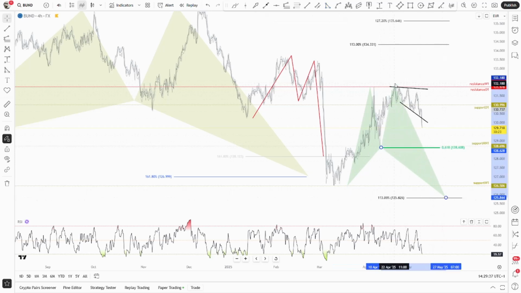We saw the price respecting the previous highs and monthly and weekly fractal resistance level at 131.99, incapable of breaking above it. We had this fractal support marking the point B for this bullish alt bat pattern. So if the price breaks below these levels, we should pay attention to the formation of the bat pattern below.